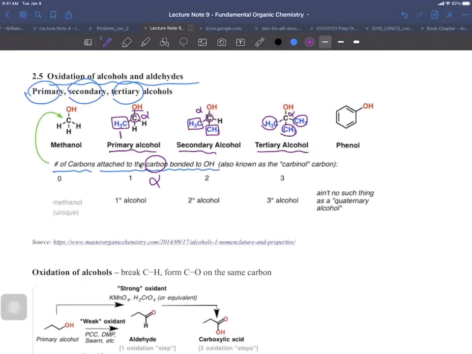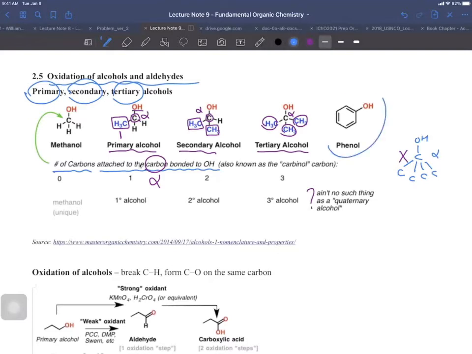You can try to think about whether we have the quaternary alcohol, which means the alpha carbon is connected to four different carbons. The question is here, right? Basically, the answer is no, because carbon can only make 4 bonds. It cannot make 5 bonds, right?